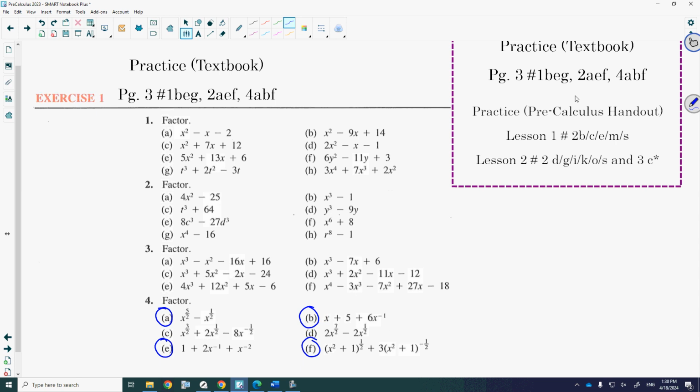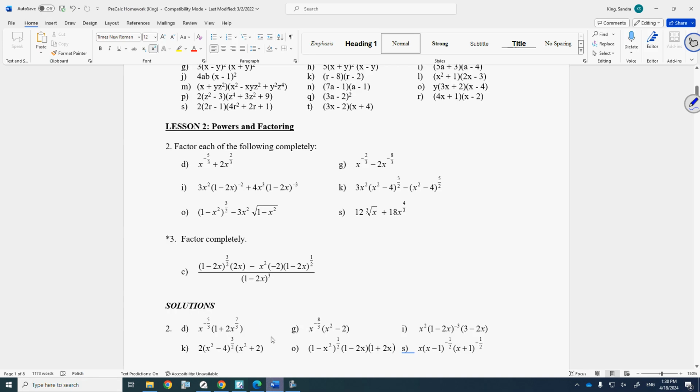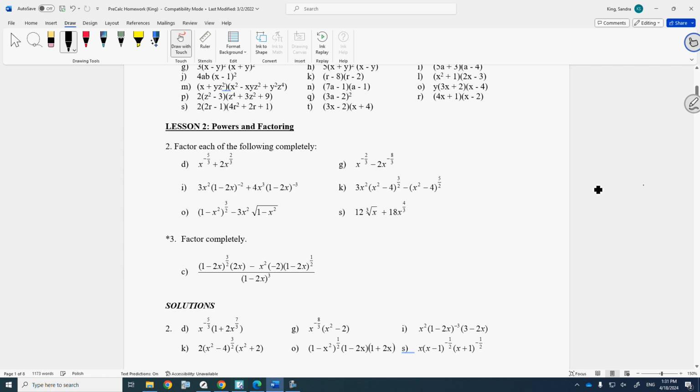When you picked up your note package for this unit, you would have also been given a homework package. So these two are in the handout. So lesson 1, I'll just quickly show you the handout. The handout looks like this. So this was lesson 1, and this is lesson 2.